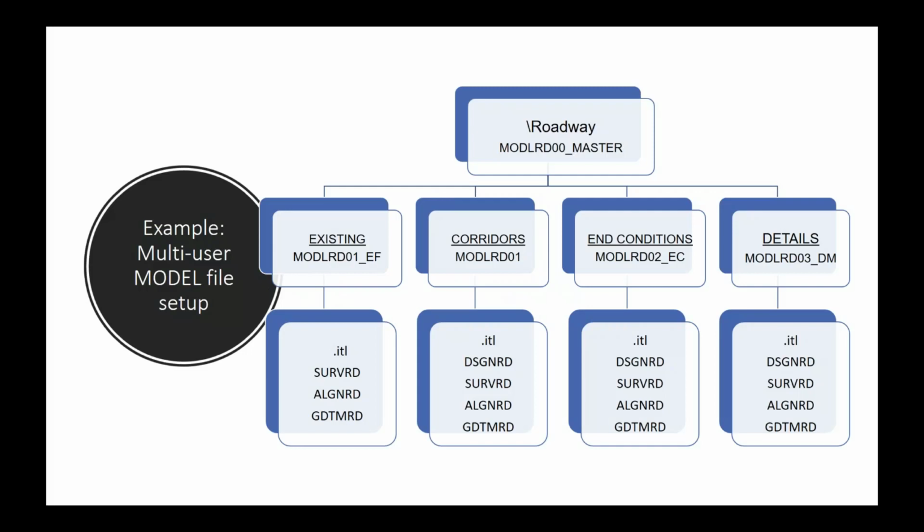I'm going to do a lot of this live, but I may come back to this slide as well. Essentially, when it comes to modeling, you need to be thinking about how to break up your models. These are some things that we started talking about in some of our training sessions. You're always going to have your SURVRD file, which is going to have most of your topo.